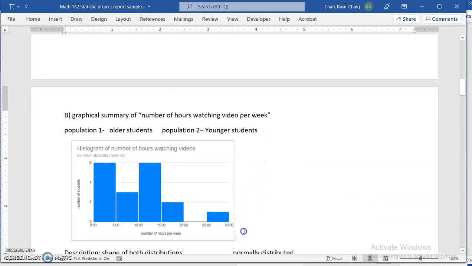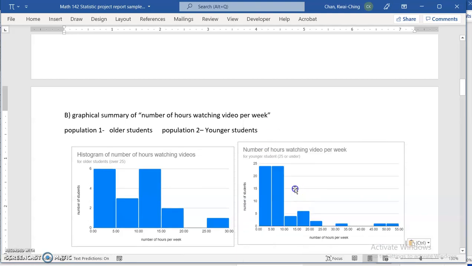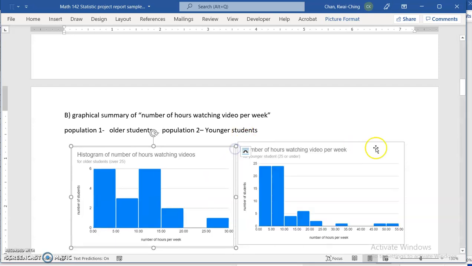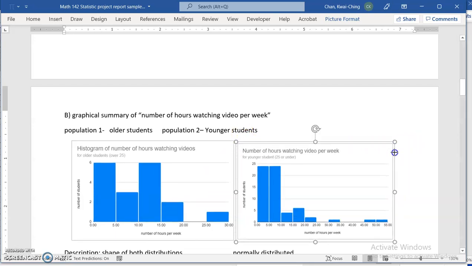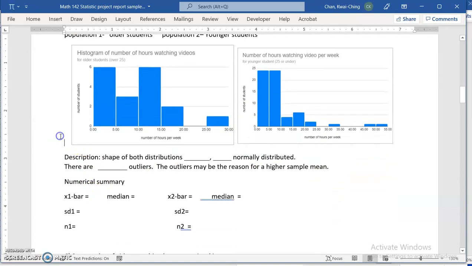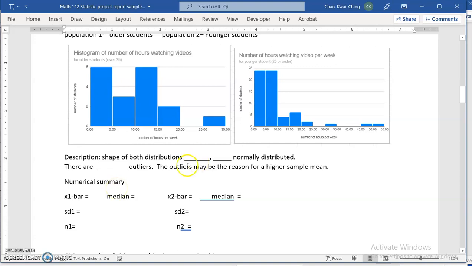Copy it over here, side by side. So be very nice. Oops. So you can compare the shape of the distribution. So let's say the shape of both distributions are right skewed, right? It is not normally distributed.